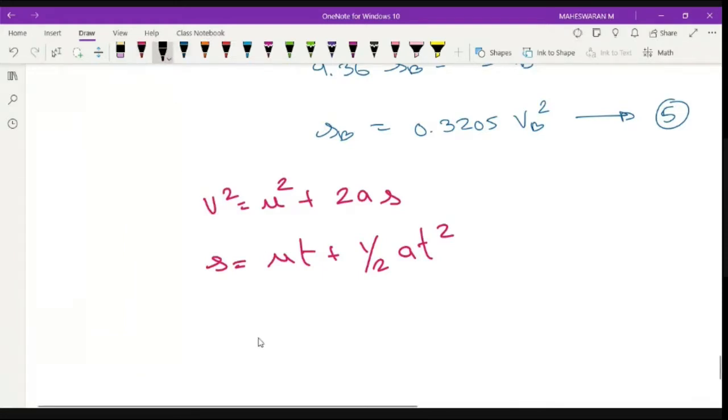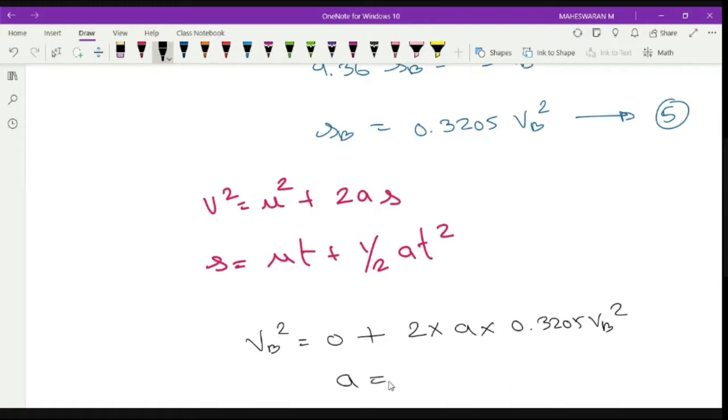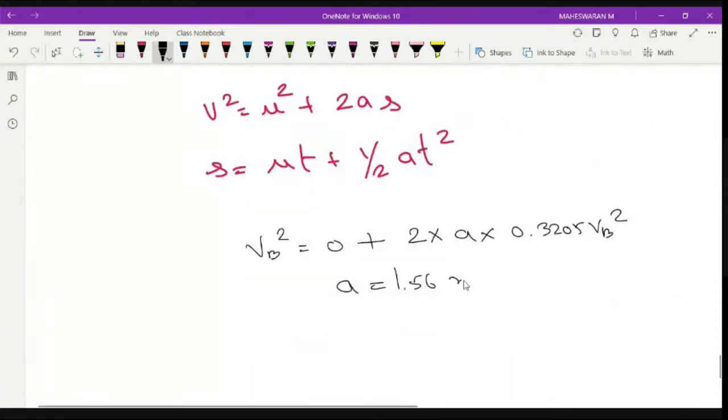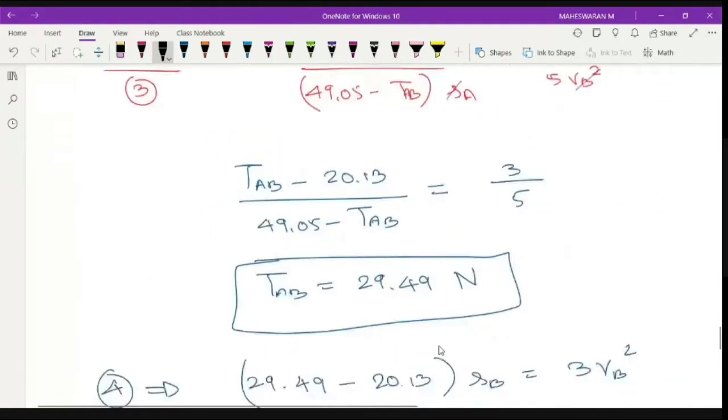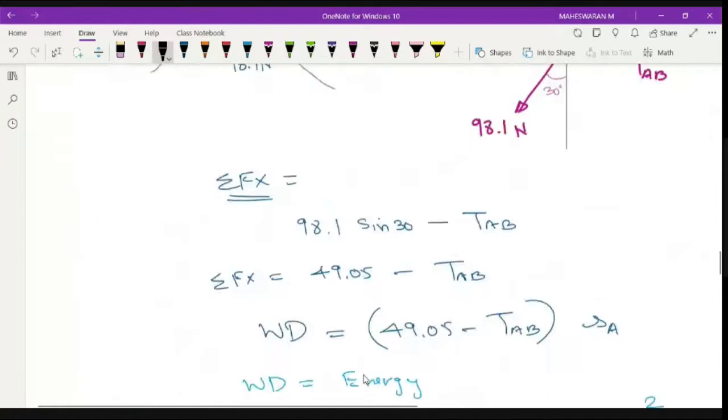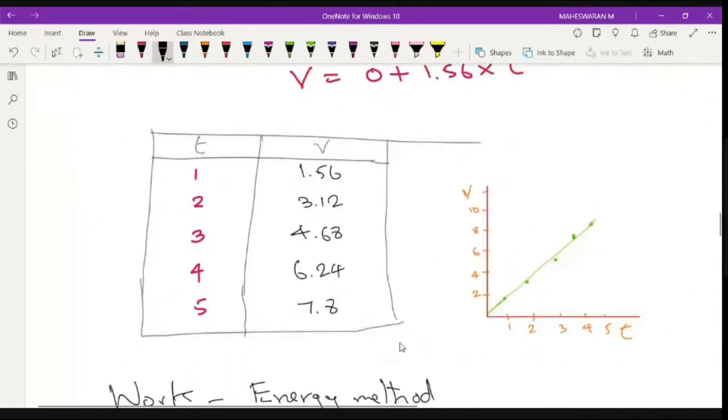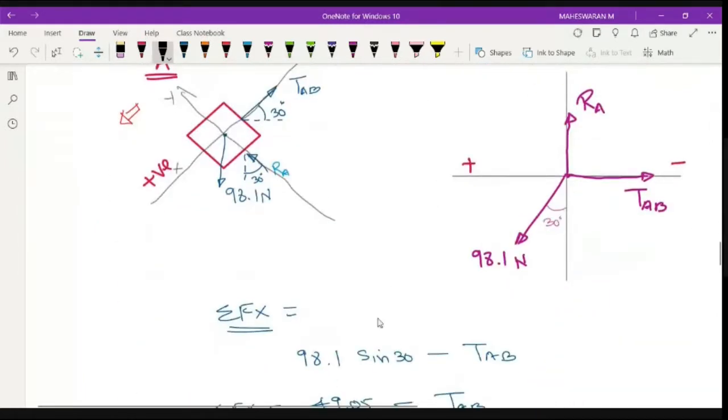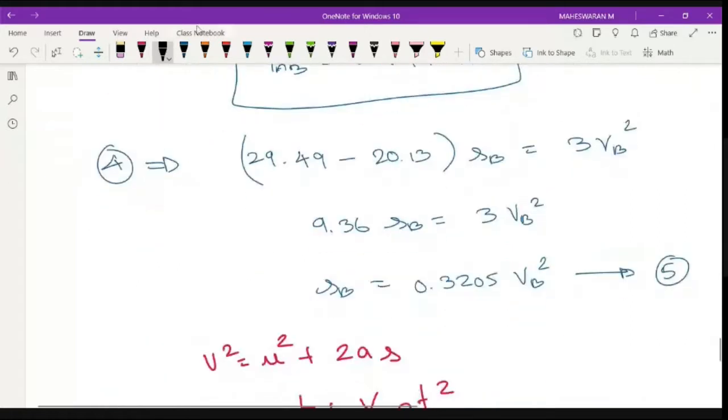So in that case, VB square is equal to 0 plus 2 into A into 0.3205 VB square. Again, you will get what is your A value. Then there is no other change. Again, you have to make this as a graph and you have to plot it.